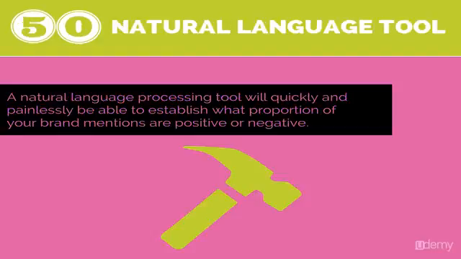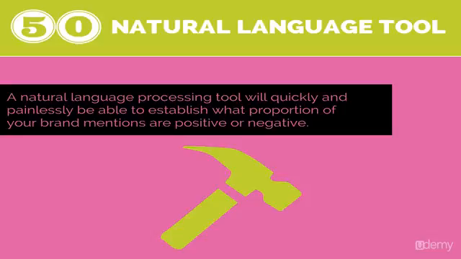Invest in a natural language processing tool to measure sentiment. Sentiment is the measure of how your business is perceived on social networks. Whilst it can be difficult to deal with, due to the fact that it deals with feelings and opinions, including sarcasm, rather than hard and fast facts, it's something that can't be ignored.